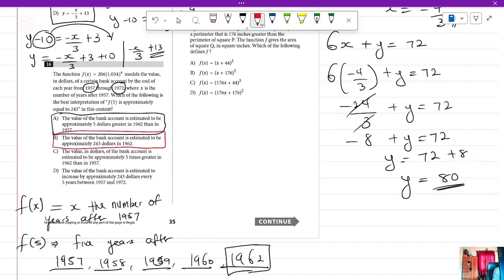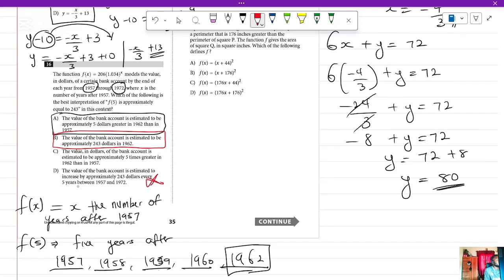Let's look at this one too. The value in dollars of the bank account is estimated to be approximately 5 times greater in 1962 than in 1957. Okay, the value of the bank account is estimated to increase by approximately $243 every 5 years. Now, we don't even need this. We cannot even ascertain this one.